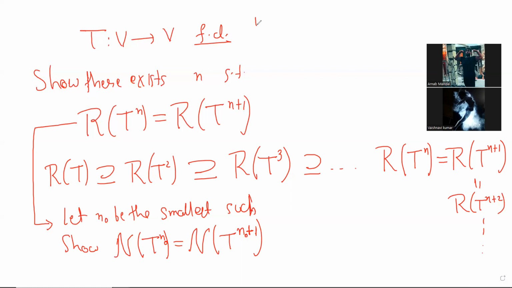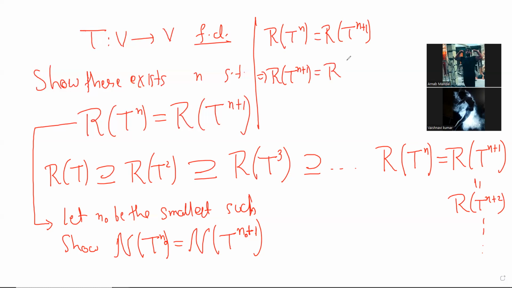So I'm saying that if range of T to the n equals range of T to the n plus 1, then that should imply that range of T to the n plus 1 equals range of T to the n plus 2.